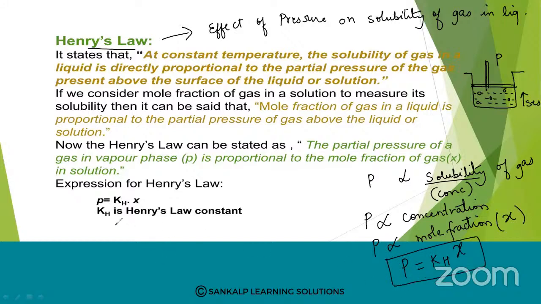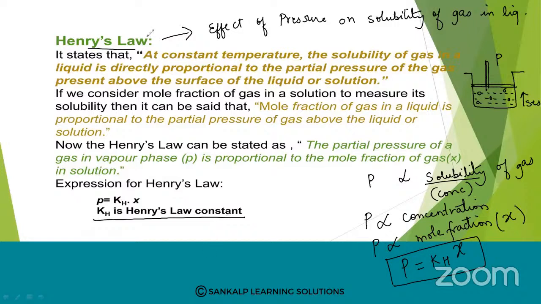What is KH? KH is the Henry's law constant. And chi is your mole fraction. So this is Henry's law and its mathematical expression. Is it clear? Yes, ma'am. Okay.